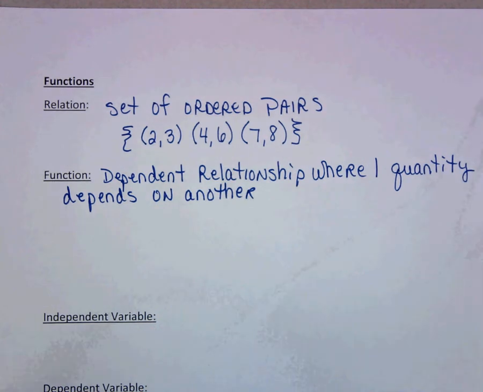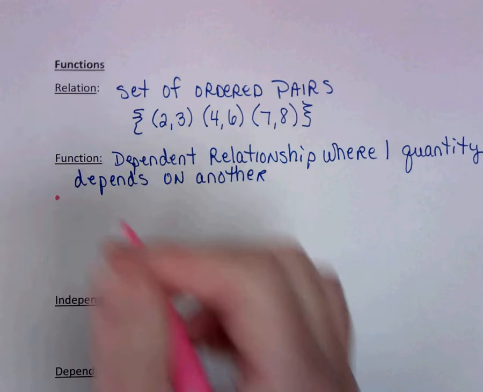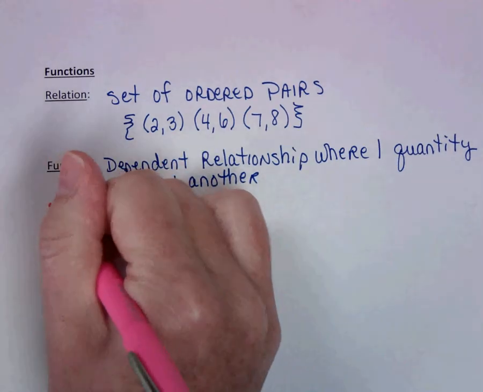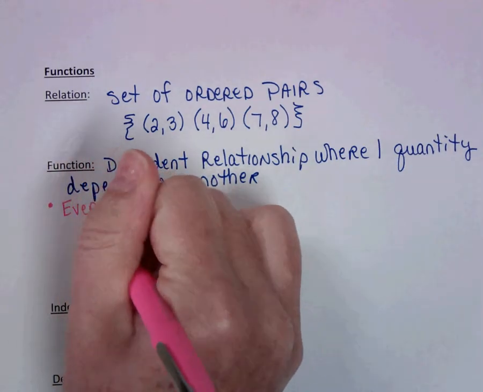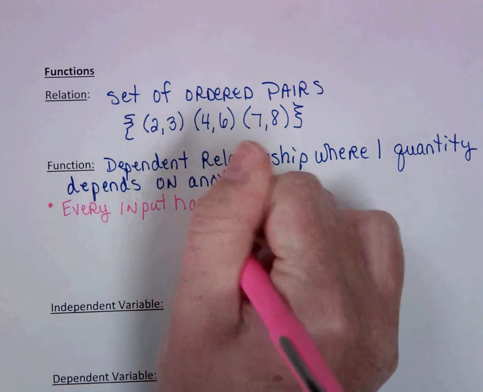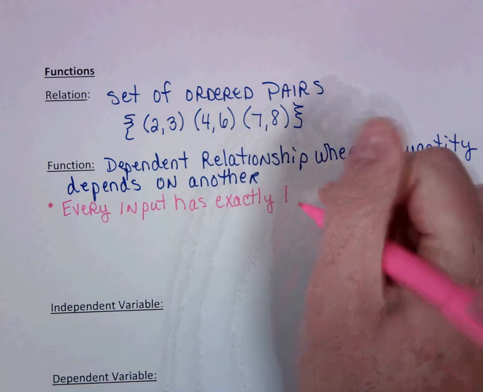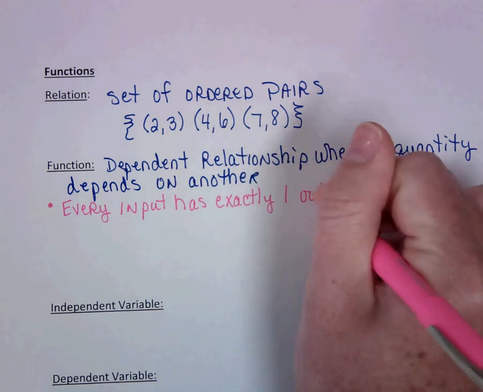Another definition for function that we'll look at more tomorrow, and I want you to go ahead and write it down, is every input has exactly one output, or y value.